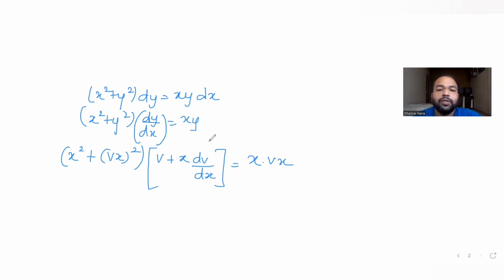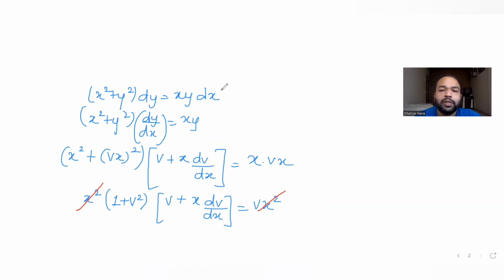So now what happens here is I can take out common x². So x² is common. You are left with (1 + v²) into (v + x dv by dx) is equal to v into x². Now x² gets cancelled out, and if I now try to separate both the variables, let's see.